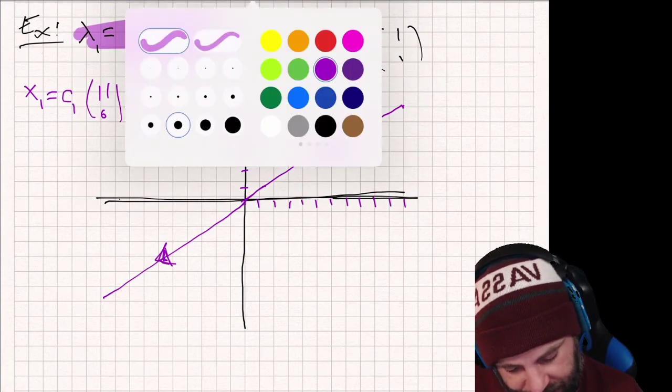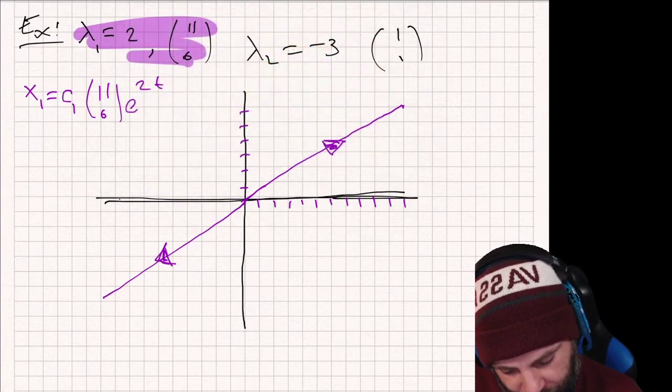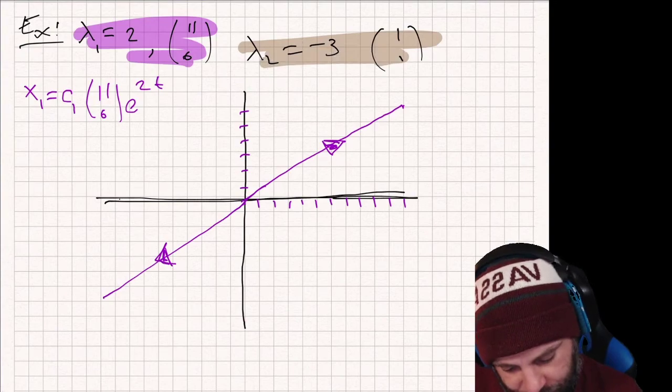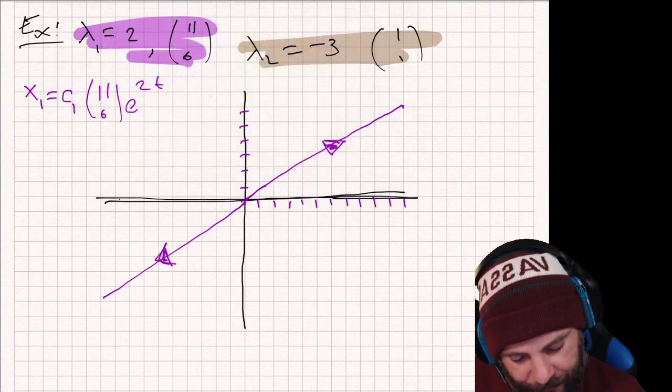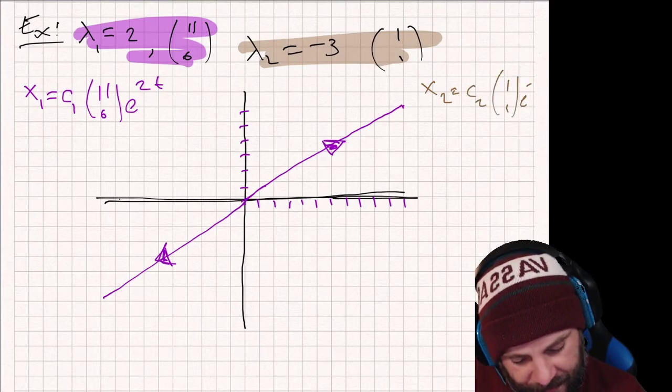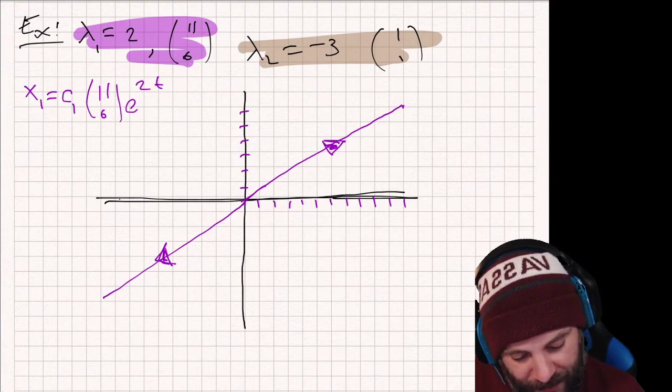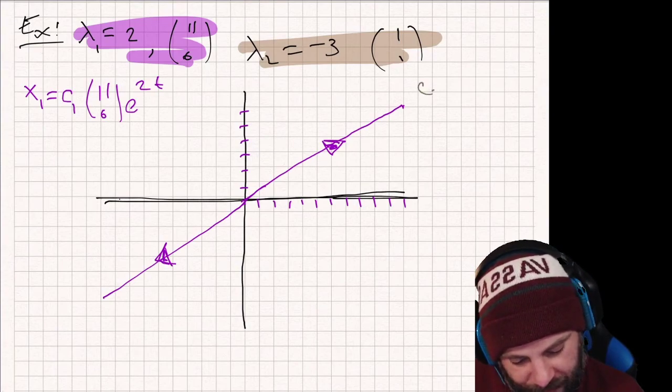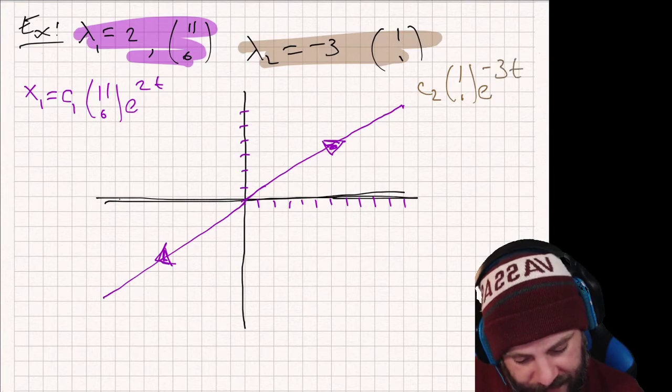All right. For the second solution, let's pick a color we've never used before, brown. This gives me my second solution of C2 (1, 1) e to the minus 3t. I've never used brown before, and then I proceed to just write a garbage formula, e to the minus 3t. Okay, great.